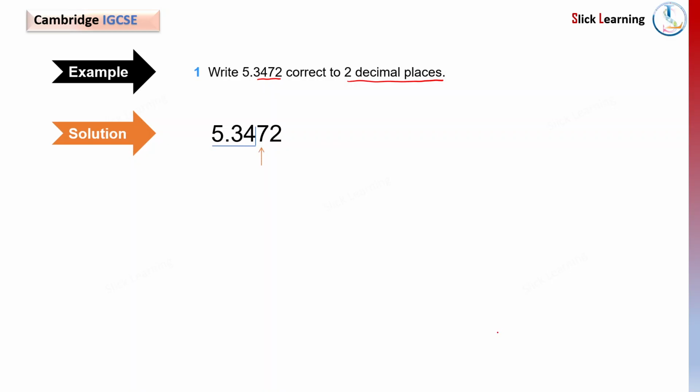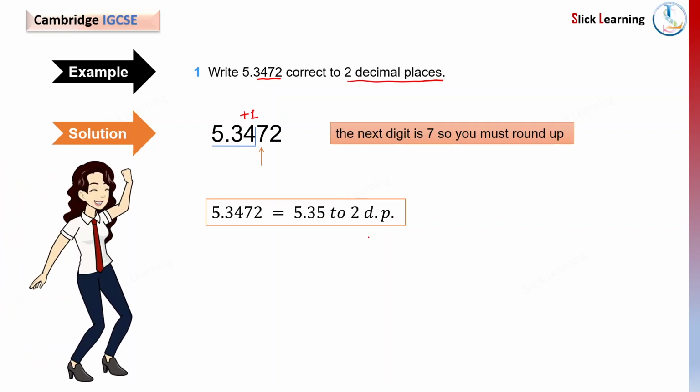Since 7 is more than 5, we are going to make a change in the last digit, that is 4. We are going to round it up, and we will add 4 plus 1. So that's going to be 5.35. So that is up to 2 decimal places.